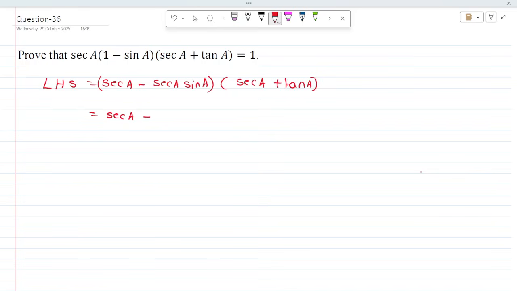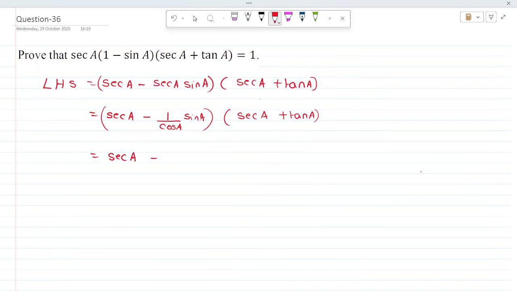Secant A can be written as what in this second step? 1 by cos A. And here you have sin A. This term, don't disturb. Secant A plus tan A. Observe very carefully.